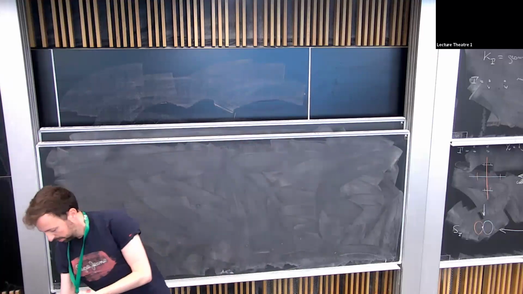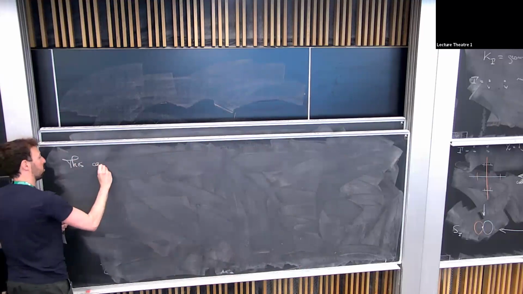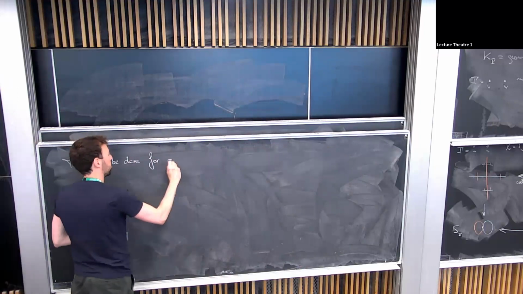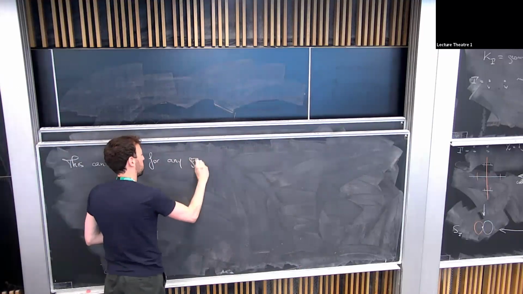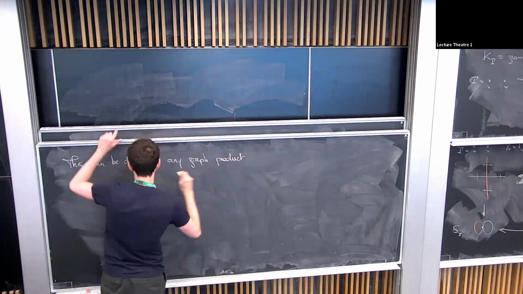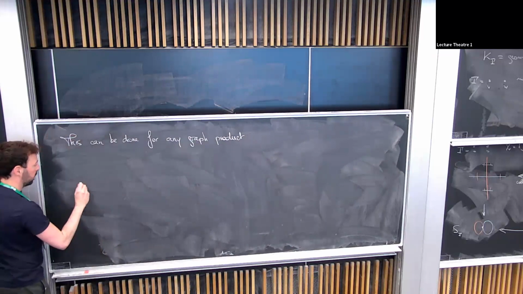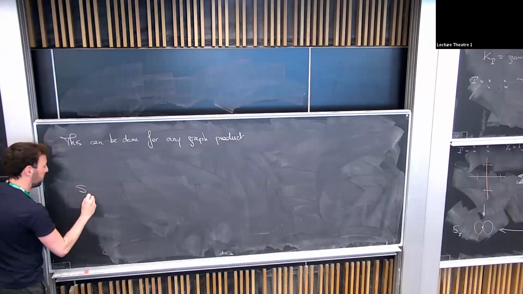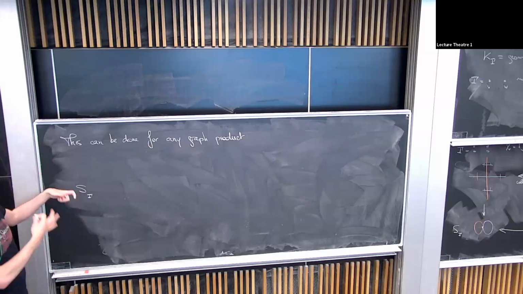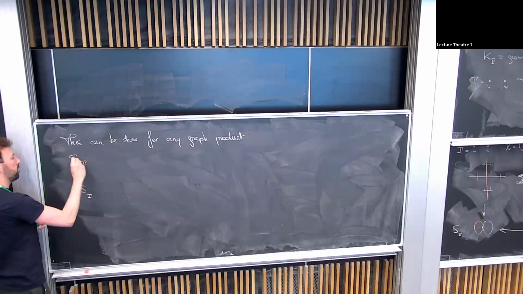So this can be done for any graph product. We're still going to see S gamma, the analog of the Salvetti complex, the polyhedral product in the usual sense, with its universal cover.